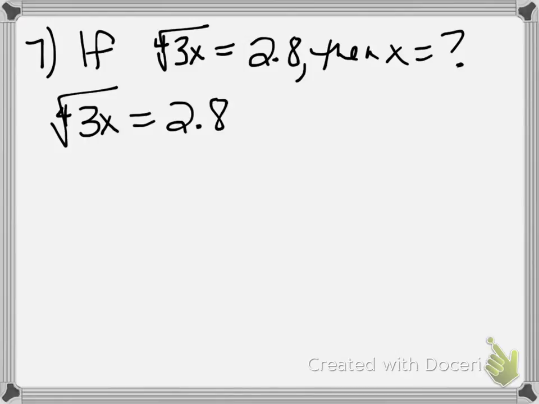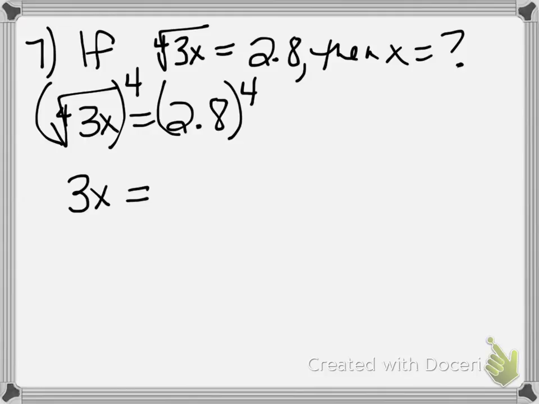Now, to undo a fourth root, you have to raise it to the fourth power. Just like to undo a square root, you have to square it, something like that. So, when I take the fourth power of the fourth root, I get whatever's inside, that 3x. And then I'm going to do 2.8 raised to the fourth power.